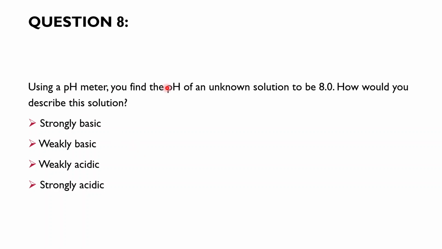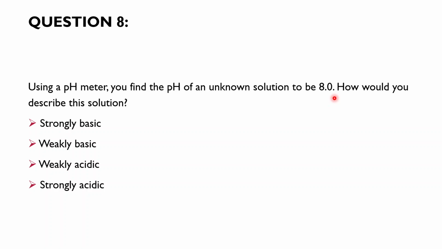Using a pH meter, you find the pH of an unknown solution to be 8. As you might be aware of the pH scale, it starts at 0 and ends at 14. Anything from 7 to 14 is the alkaline range, and below 7, that is 0 to 7, is the acidic range.